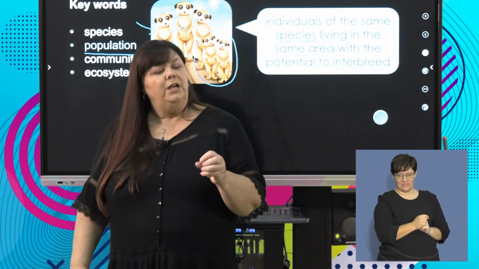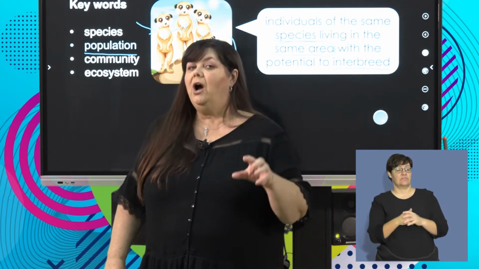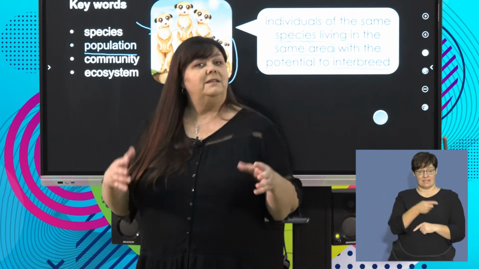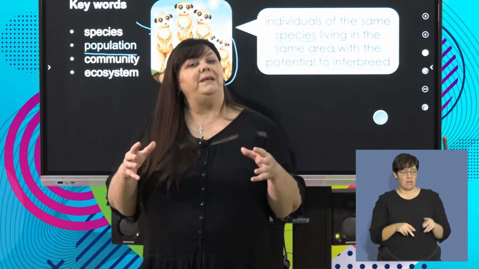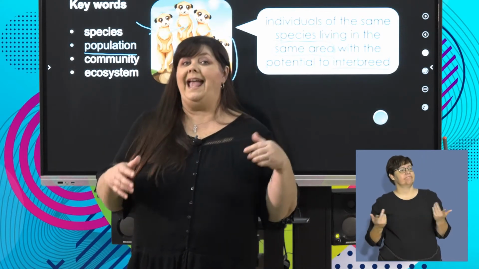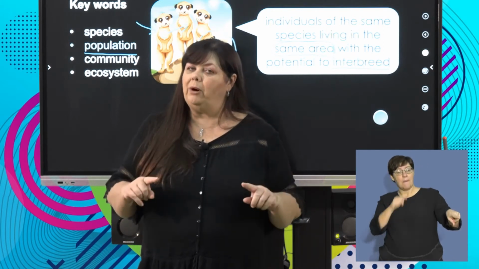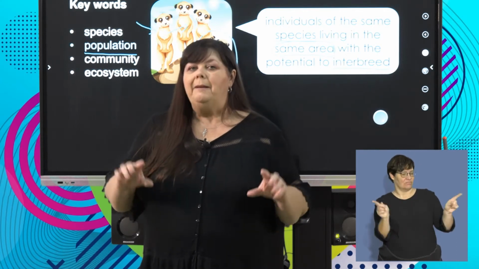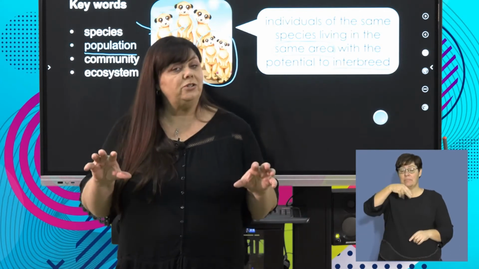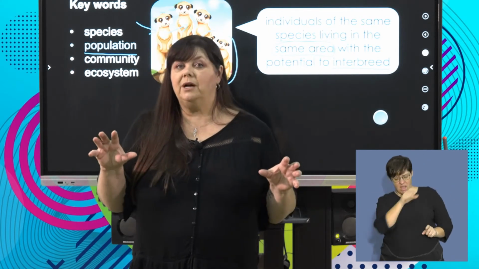So we can't talk about the population of meerkats, say, in the Kruger Park, and the population of meerkats in, say, Addo Elephant Park as the same population. They might be the same species, but they don't have the potential to interbreed because they live thousands of kilometers apart.